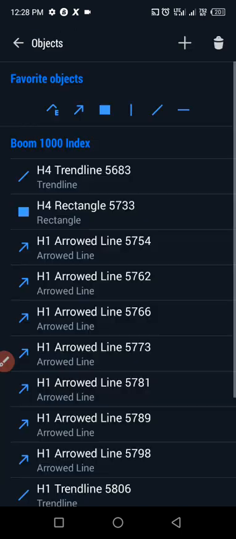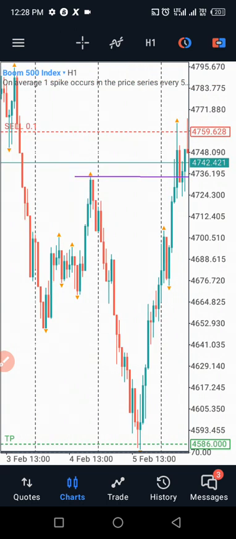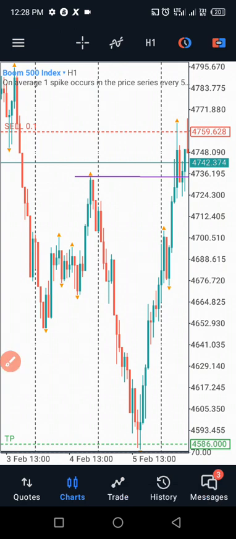But that inducement level has been taken out already. So if you were selling here before, it would have been good for you to have taken your profit somewhere around here. But now the level has been taken out, so the sellers are in control.